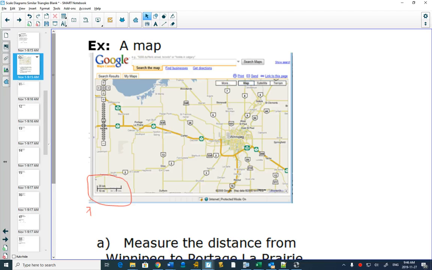And on the map in the bottom corner there, they've got 20 kilometers listed and 10 miles listed. And so if you measured that distance with a ruler, you can take a ruler on your paper.